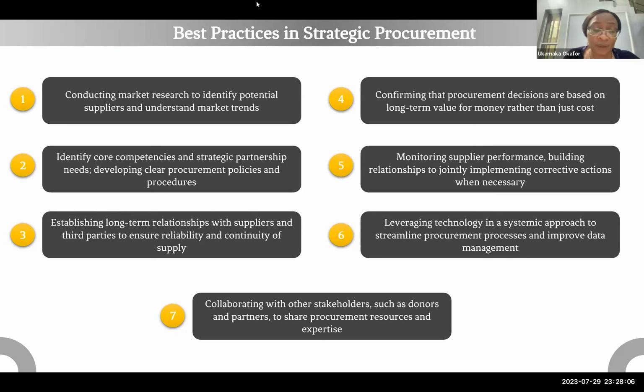And they also collaborate with other stakeholders, such as donors and partners, to share procurement resources and expertise. So collaboration is very important. It's one of the best practices in strategic procurement, so that the donors, the partners, and the implementers can share their procurement resources, share their expertise, and share their risk also. Next slide.